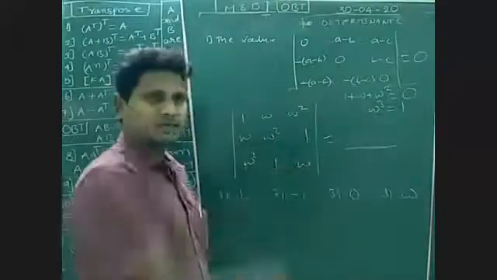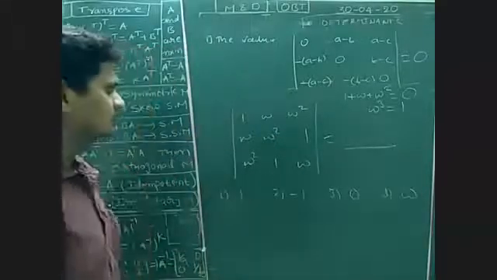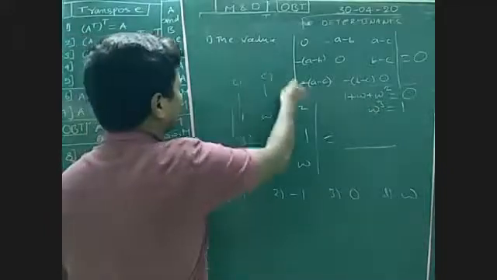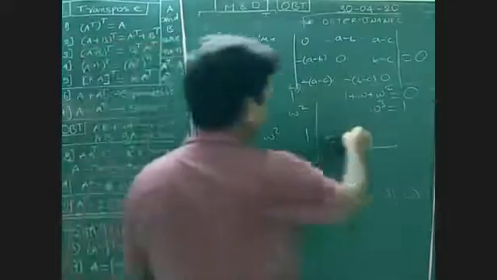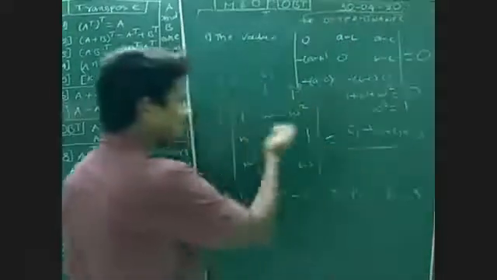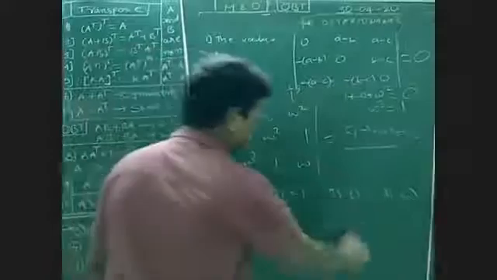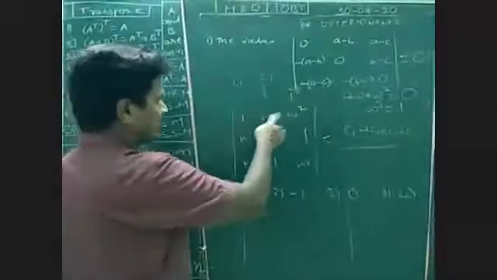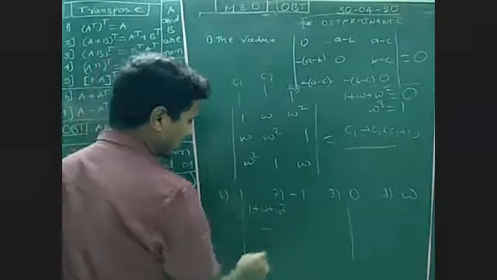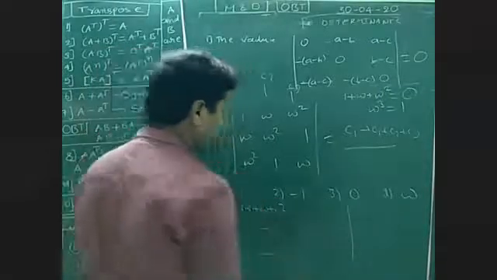This is a determinant. There will be a property. You can do like this: these are C1, C2, C3. C1 becomes C1 plus C2 plus C3. I want to add all three columns. What is the first column? First column becomes 1 plus omega plus omega square. Here also same. Remaining two columns as it is.